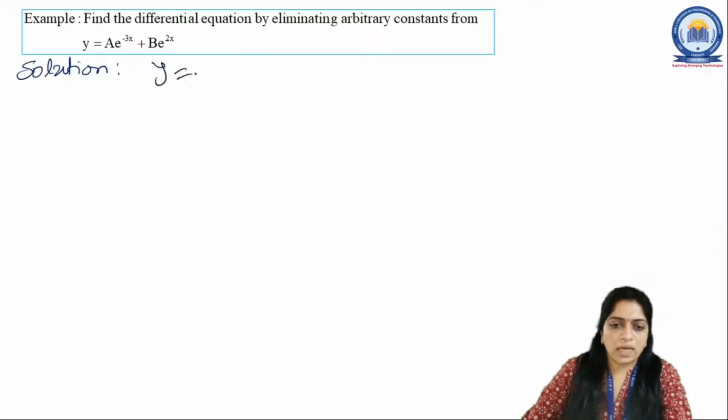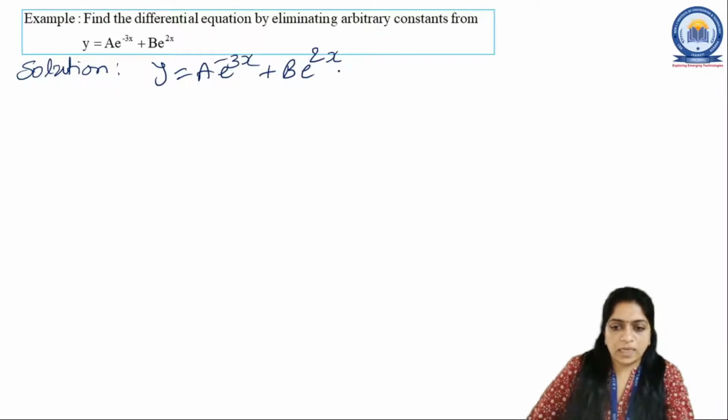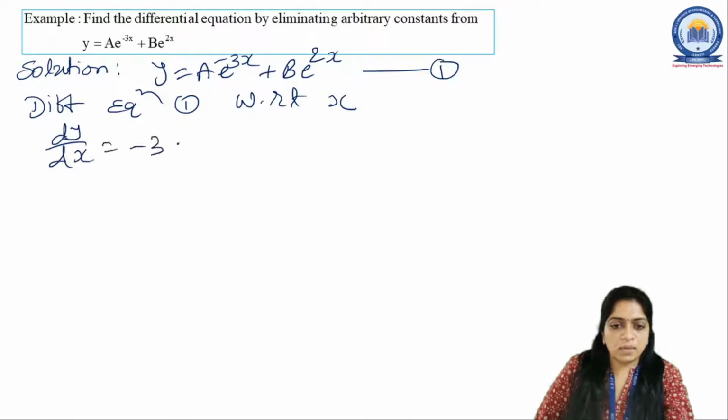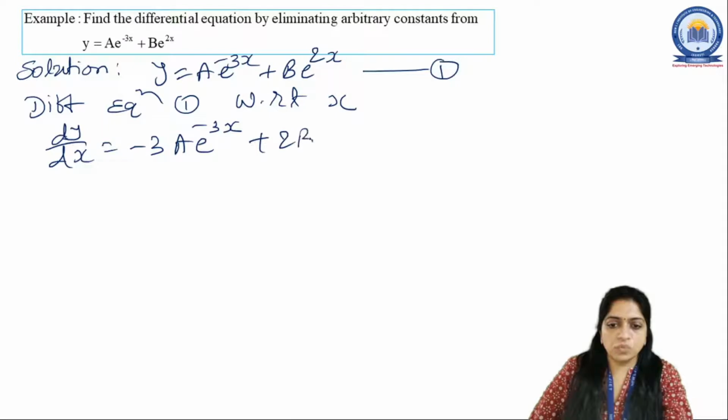Here y is a e raised to minus 3x plus b e raised to 2x. Differentiating equation 1 with respect to x, we get dy by dx is equal to minus 3a e raised to minus 3x plus 2b e raised to 2x.